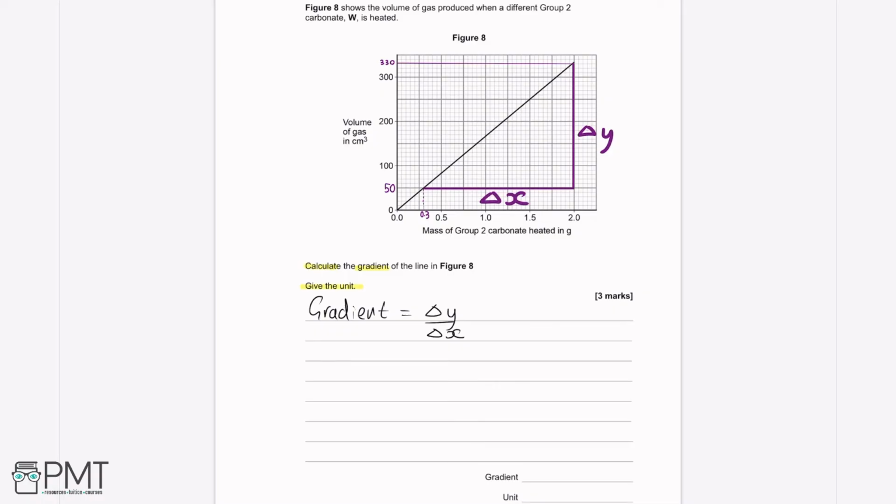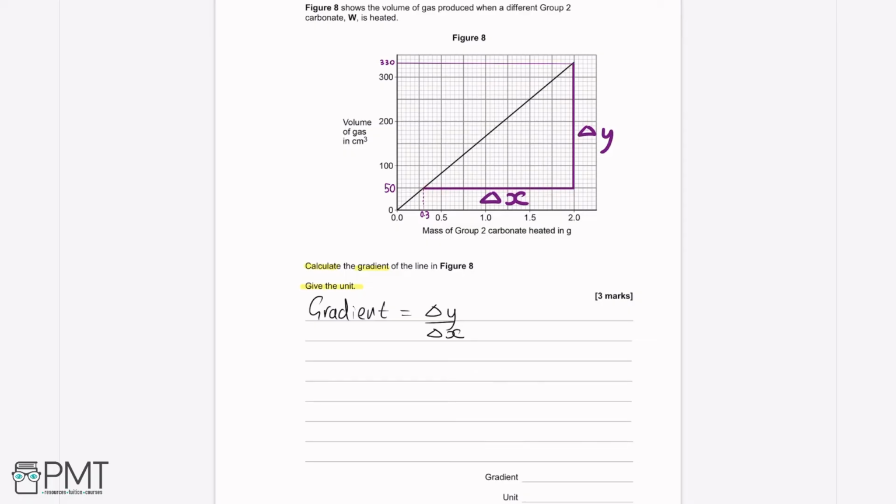Now, I have marked on the graph in purple a triangle. You could pick any triangle you want as long as it touches this line. But the bigger the triangle, the more accurate your gradient's going to be. So I've picked this triangle here. So this is my change in y, the vertical change, and this is my change in x, the horizontal change.